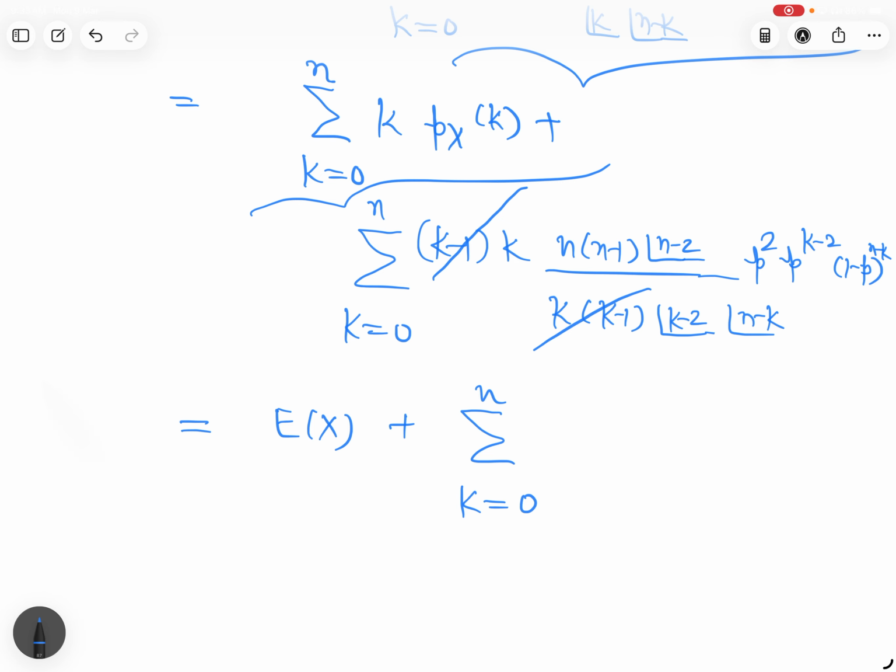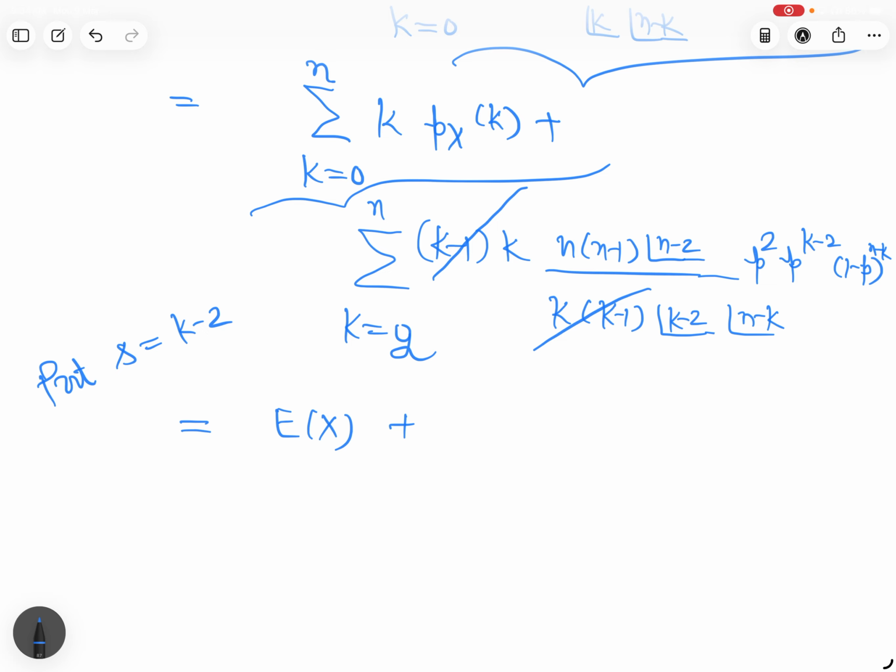Now put s equal to k minus 2. If we put s equal to k minus 2, then what will we get? So we have to start this summation with k going to n, because we have cancelled out and we are taking s equal to k minus 2.